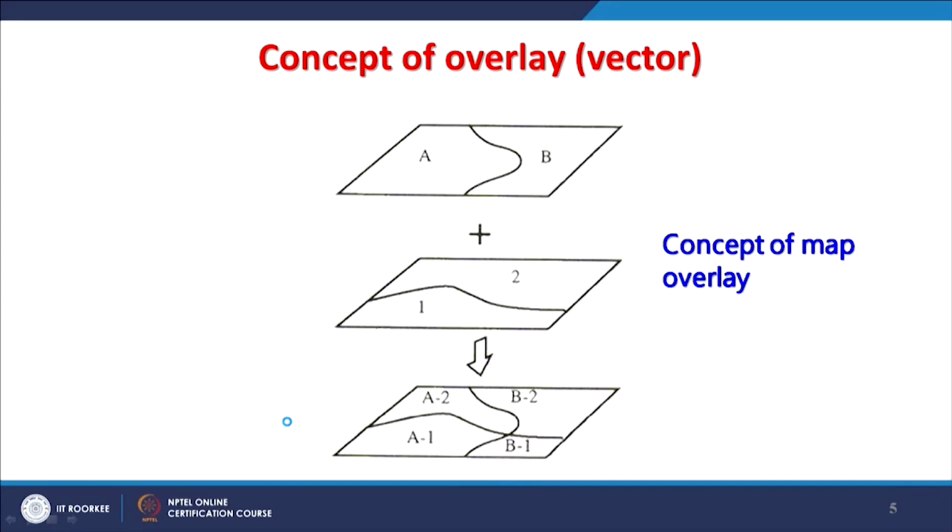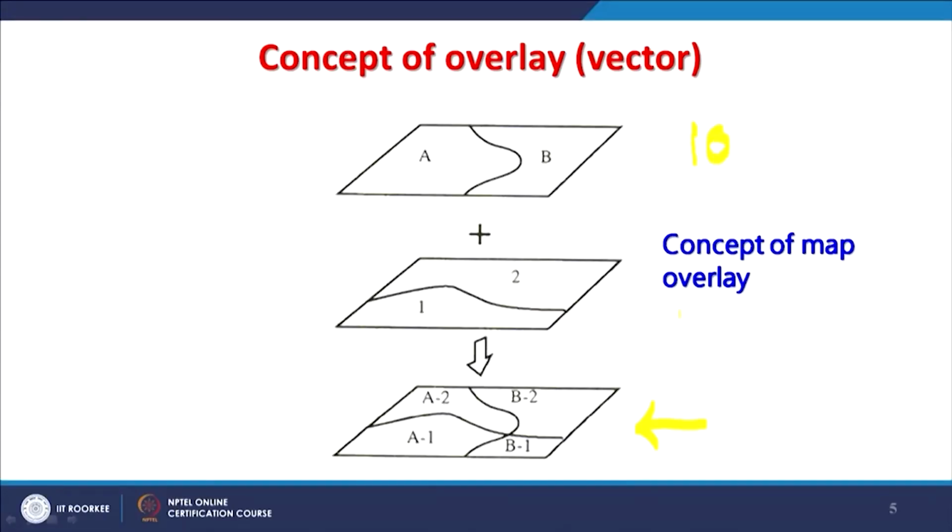These polygons 1 and 2 have completely different shape and size than polygons A and B of the top map. Now, when we intersect these two, this is the output, and in the output we are getting basically 4 polygons.